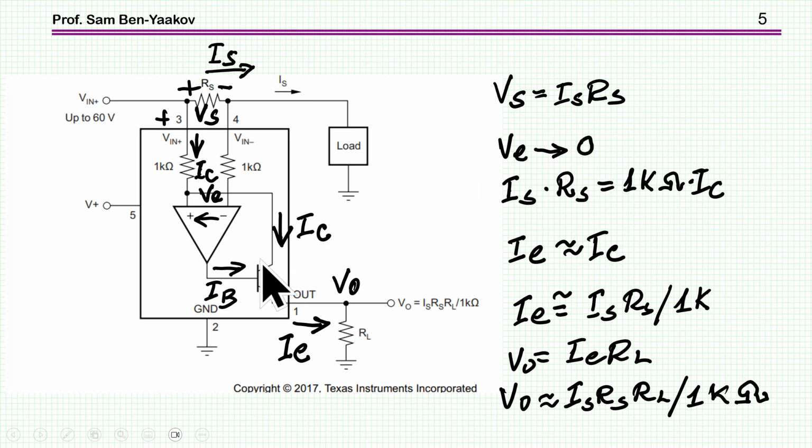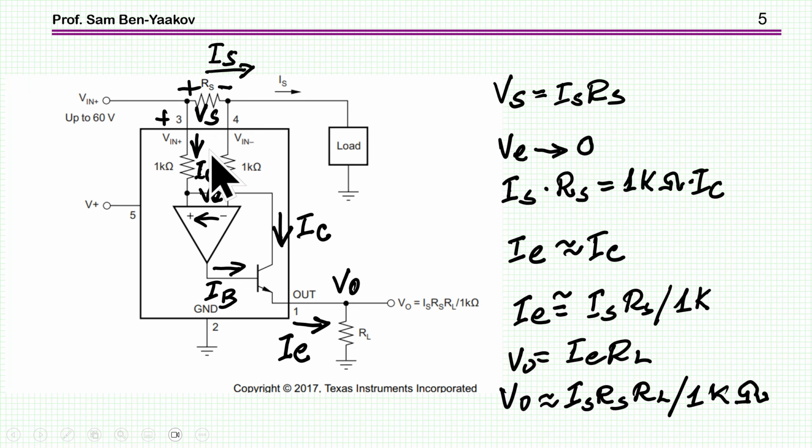That is, the negative feedback, assuming stability, etc., will cause this error voltage to approach zero. For that, the voltage across this 1K resistor has to be equal to V sub S, so that the sum of these will be zero.